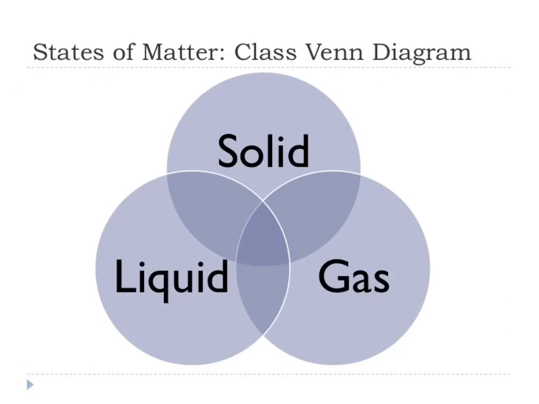I am going to put up a Venn diagram, and I am going to give each one of you, and some of you might have to share, some words. And what you're going to do is you're going to go and place your magnet into the spot that you think it fits. How would you classify?